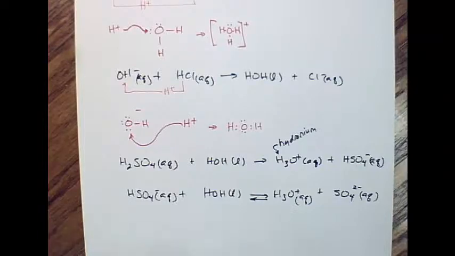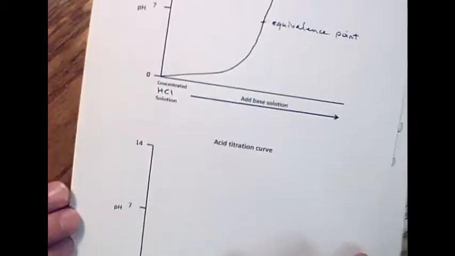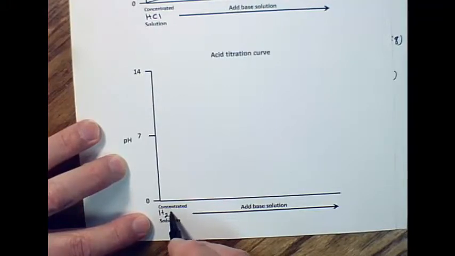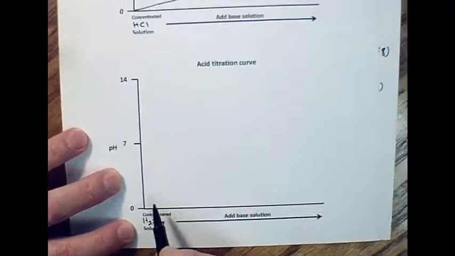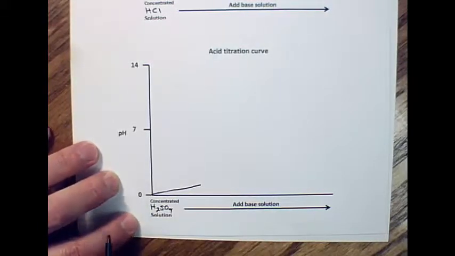Now let's look at what that means in terms of that acid titration curve. So this time, instead of hydrochloric acid, we're going to have sulfuric acid. And this is a strong acid, so we're going to start off down in this corner again, have that same sort of behavior going up like that.